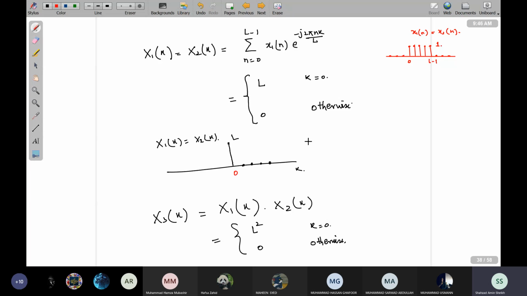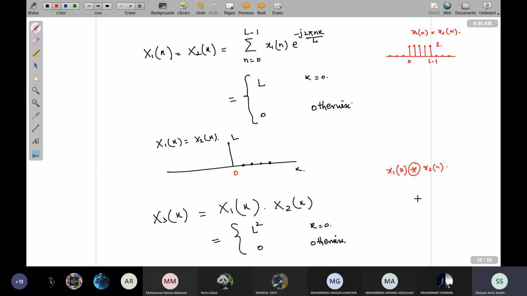Now what will x3 of k be? Because we have obtained this, x3 of k is the multiplication of x1 of k and x2 of k, by definition of the properties. That would be L square for k equal to 0, and 0 otherwise. And now if I'm interested in the result, what is the result of x1 of n circularly convolved with x2 of n?